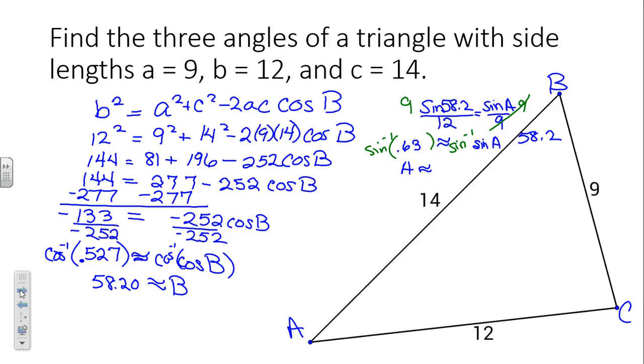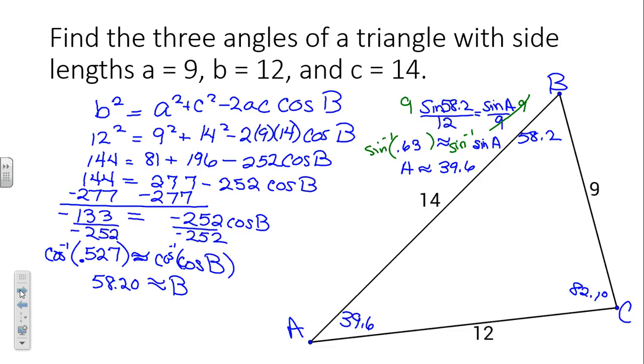And then A ends up being what? 39.6. And then 180 minus those two gets us our last angle. So 39.6 plus 58.2 subtracted from 180 is 82.2.